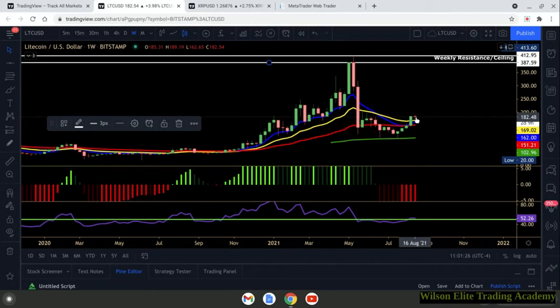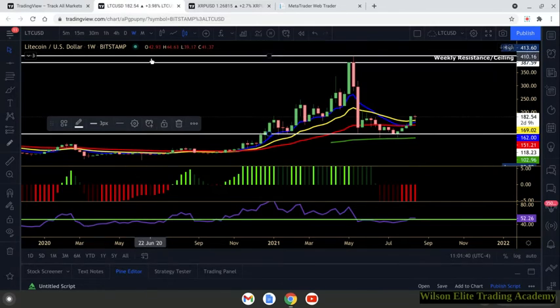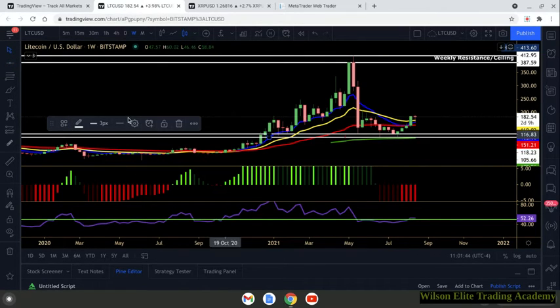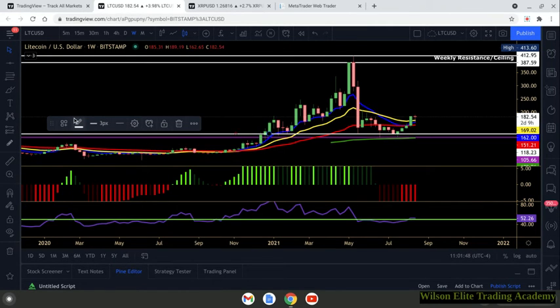Next thing I do, based on this candle, where's my floor? Where's my nearest support? Right here. So guess what I'm gonna do? Get my horizontal line, mark it off. We're gonna change the color back to this pink looking color.